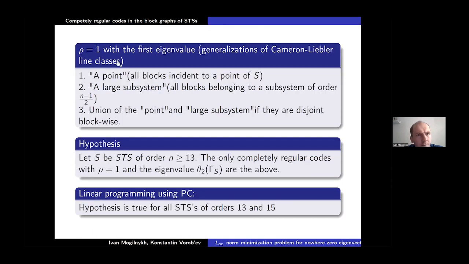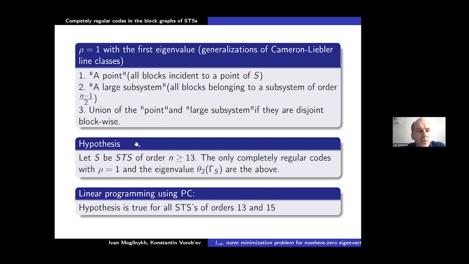Okay, so for the first eigenvalue, we have the following computer result. The main hypothesis here is that starting from order 13, they are the only completely regular codes with covering radius 1 and the first eigenvalue, not the second, sorry.